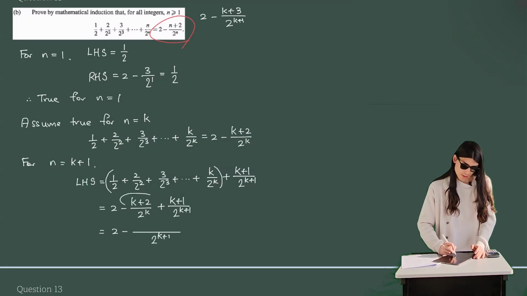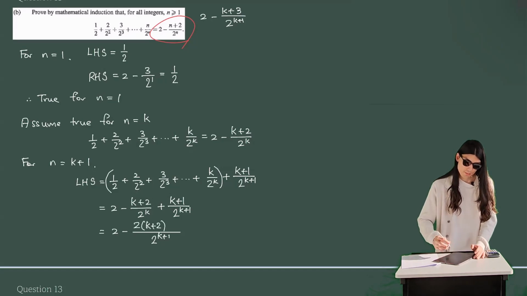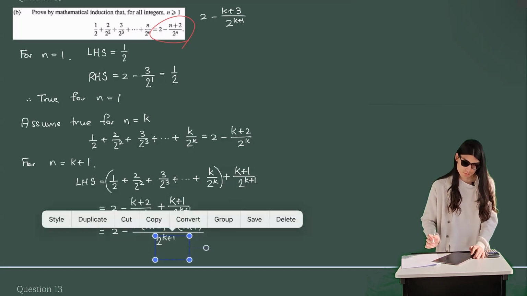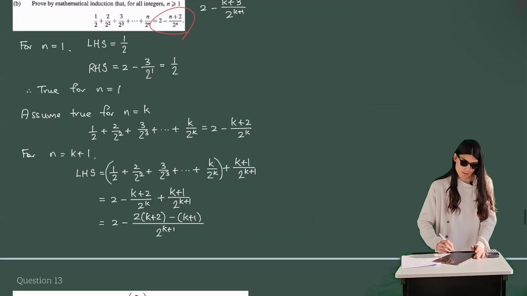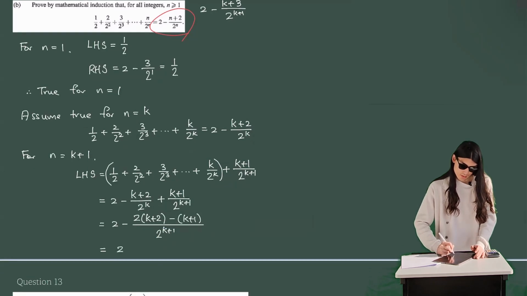Now that means the k plus 2 over here needs to be multiplied by a 2. The k plus 1 need not be multiplied by anything. And if you simplify that numerator, you do indeed get k plus 3.